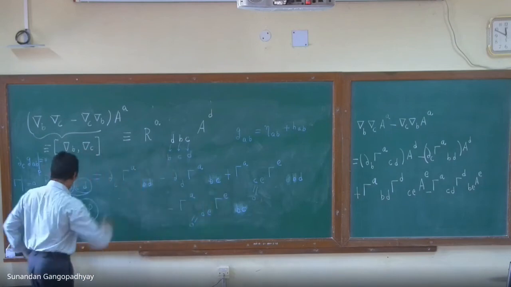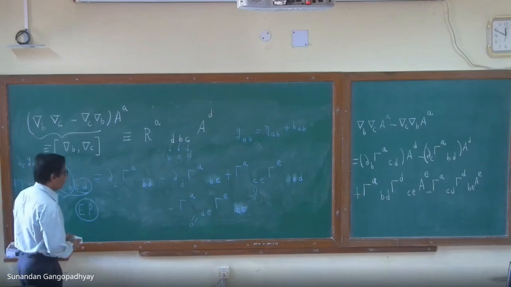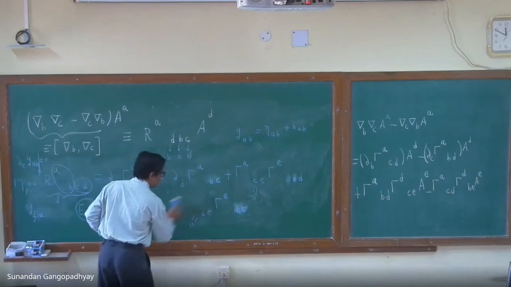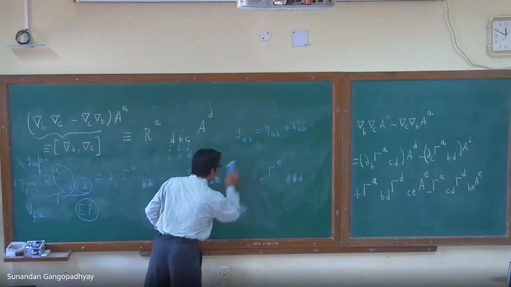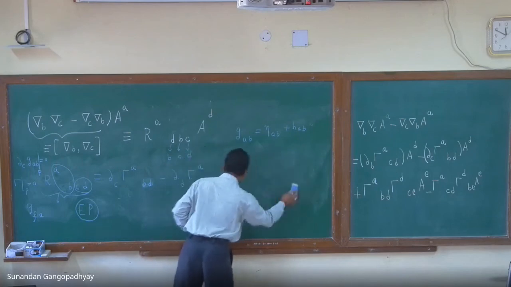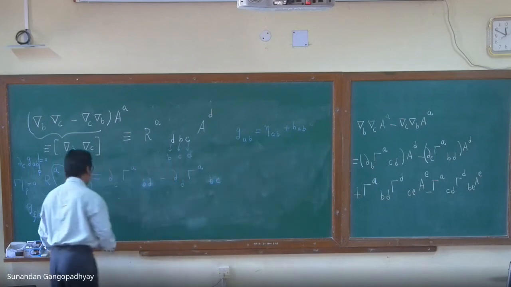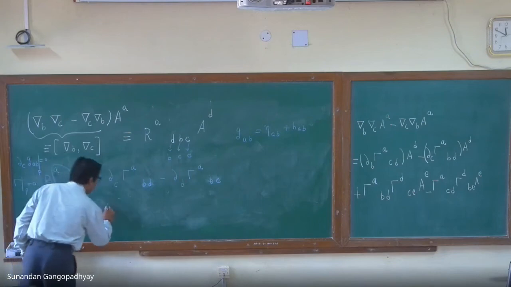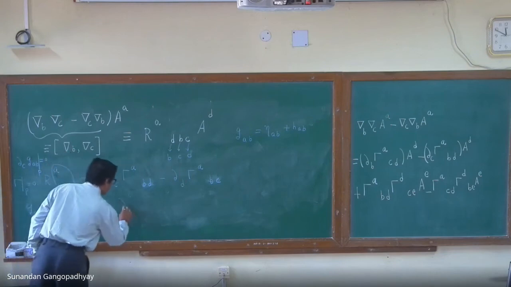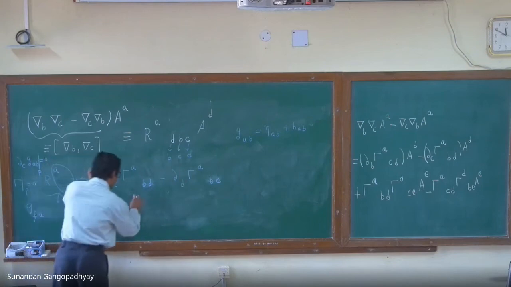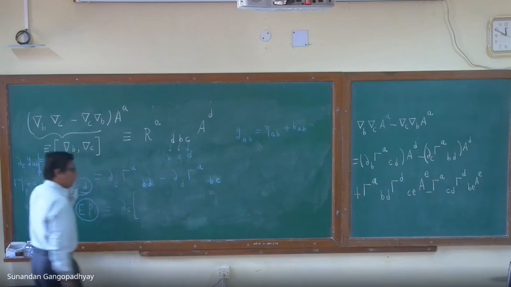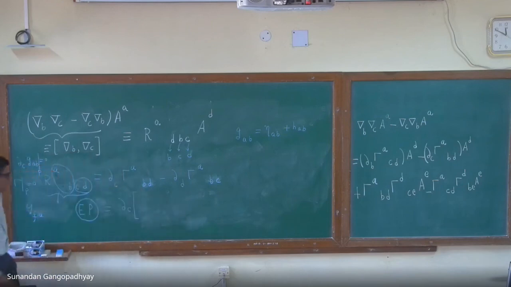You have only these two terms. So in these two terms, you can now forget about this. So this is gone. So this is equal to del C, replace gamma ABD by the formula that you have.